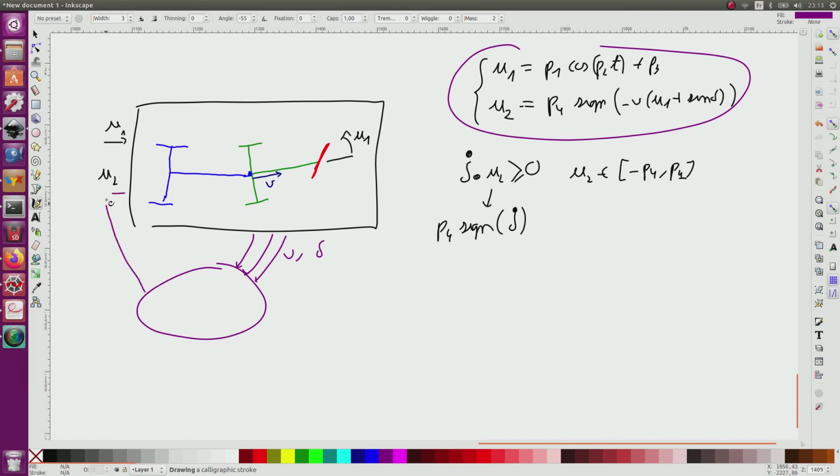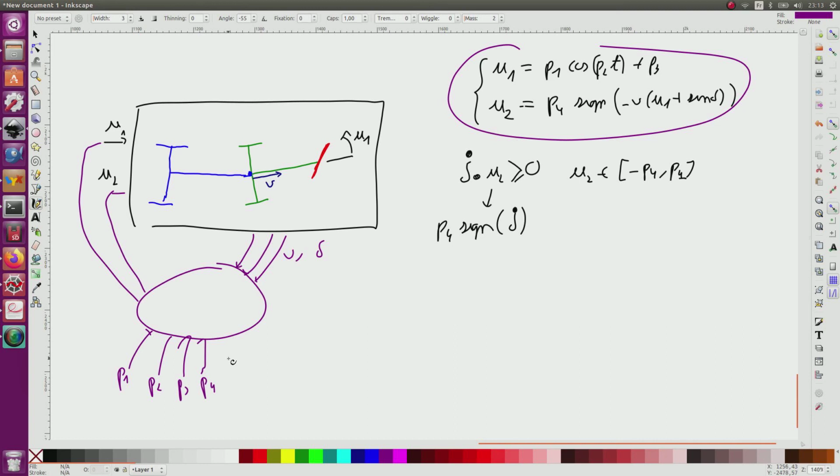They will produce the inputs, and the parameters of the control will be chosen as P1, P2, P3, P4. And I will tune these parameters so that if I want to go fast, if I want to go straight or whatever, we'll see how we can tune these variables.